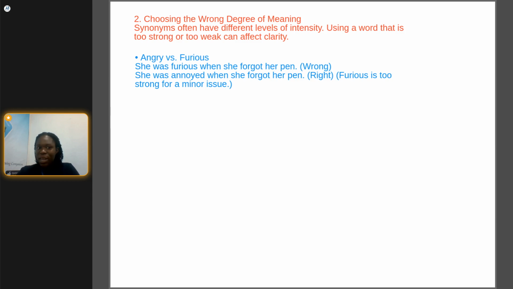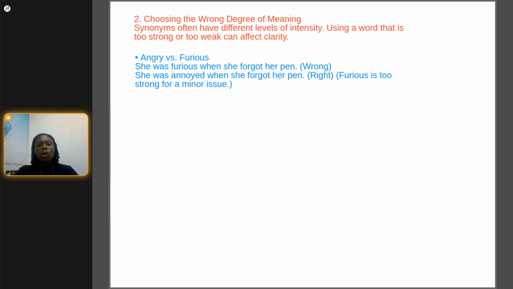All right, you know that both of them, both angry and furious, or maybe annoyed and furious, can be used as synonyms for the word mad. The word mad is coming up again. All right, they can be used as synonyms for the word mad, but you cannot use them interchangeably because their intensities are different. So she was furious. When you talk about being furious, you're talking about something or a situation that is very strong.